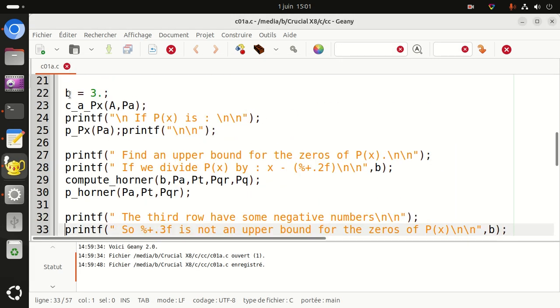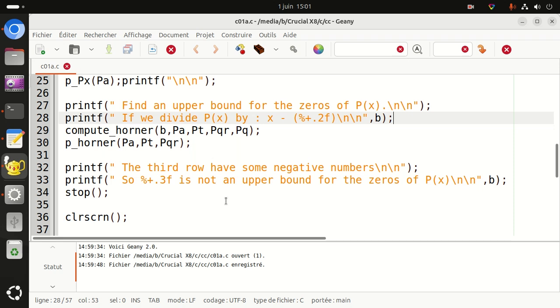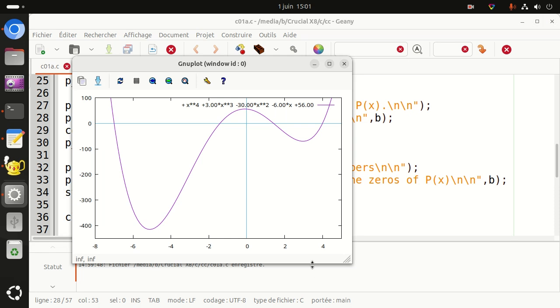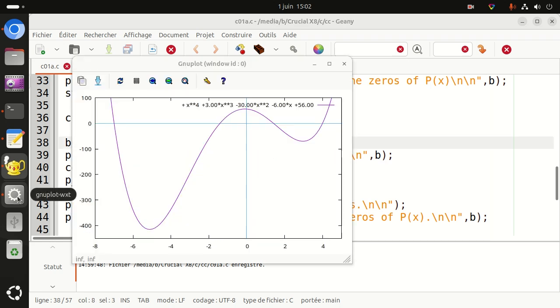First, I have chosen for b the value 3. 3 is here, so I can see there is a root here which is not on the left of b, so b is not an upper bound for the zeros of P of X. In a second step, I have chosen for b the value 5. 5 is here.